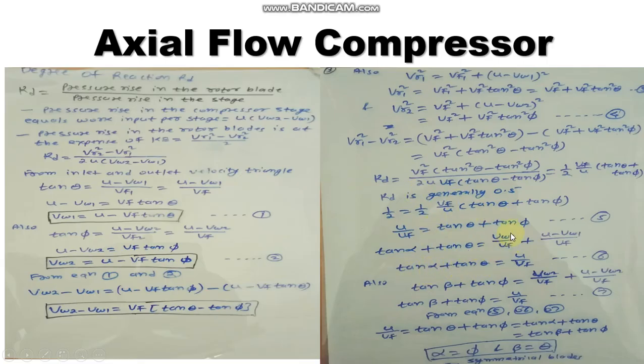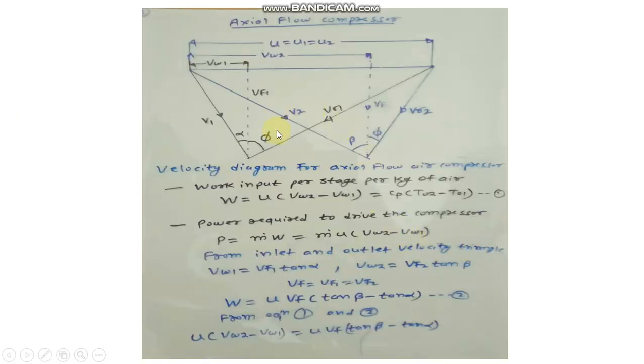Here we can take alpha and theta also, no issue. Tan alpha and tan theta. This is theta. Tan alpha is equal to Vw1 upon Vf1, and tan theta is equal to this distance, U minus Vw1, upon Vf1.